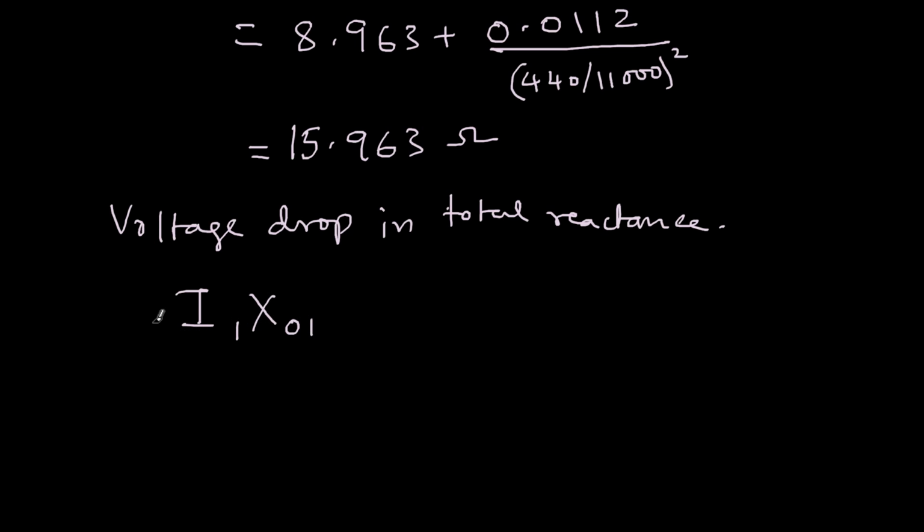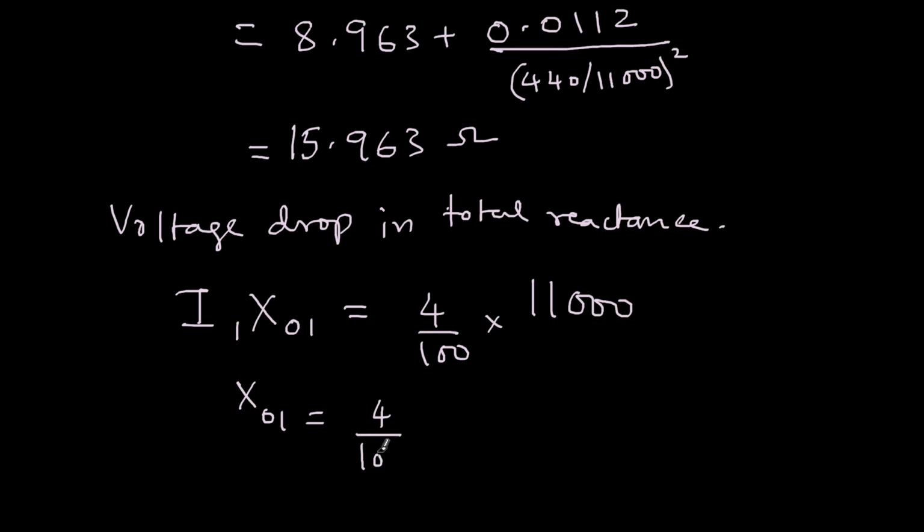Current into impedance. This is the voltage drop in the total reactance. This voltage drop is equal to 4%, that means 4 by 100 multiplied by the total primary voltage, that is 11,000. So this is what is asked. So I can calculate X01 from it. The voltage drop is 4% of the total voltage. Therefore, X01 will be this.